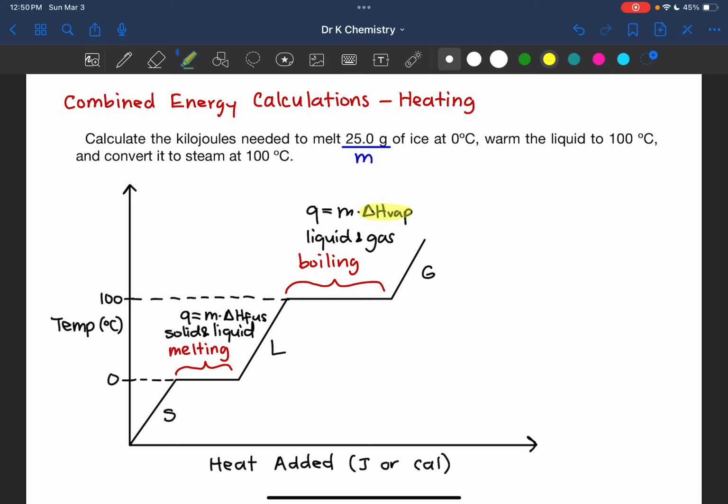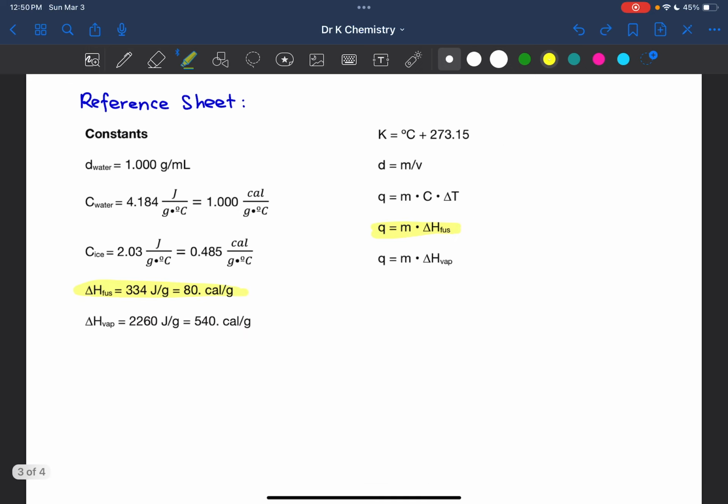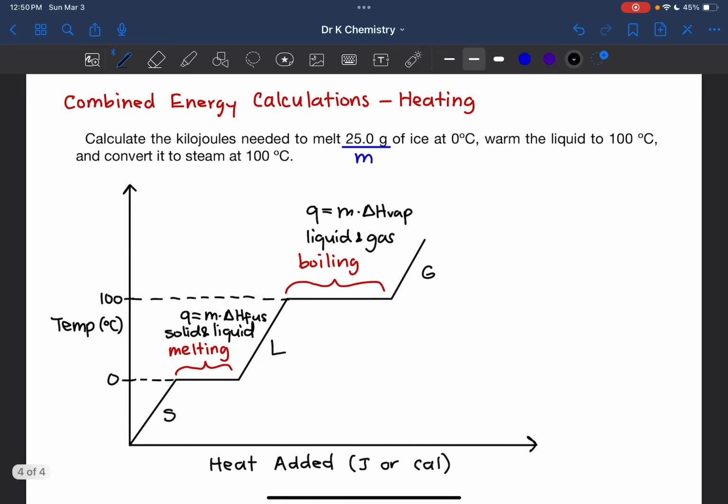And the heat of vaporization is a constant that is representing the boiling process. So for that, we would use this equation. And there are two values for the heat of vaporization, just like with the heat of fusion, and which unit you select depends on which unit the problem is asking for. So since here the problem is asking for kilojoules, we're going to use the value represented in joules.